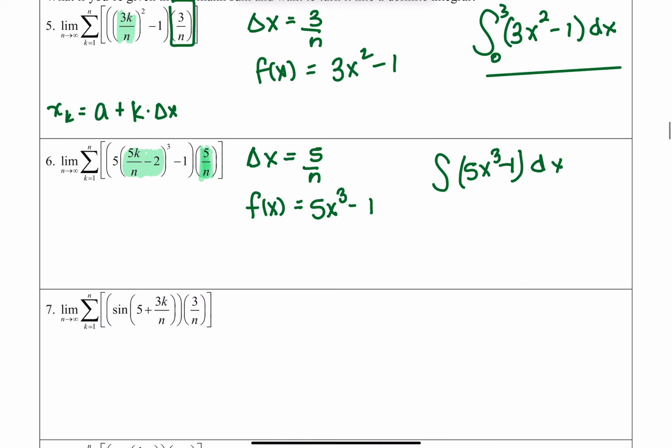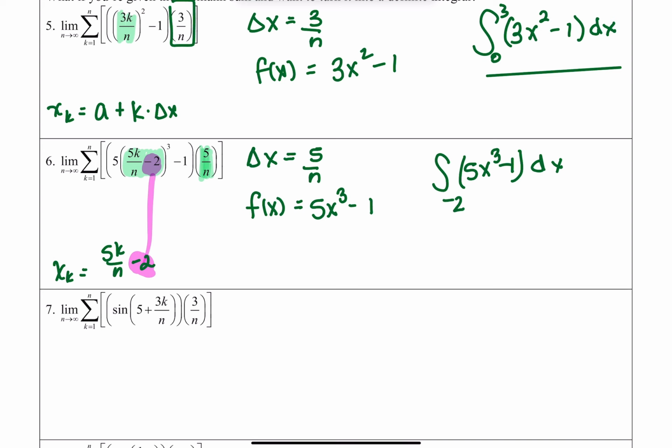Well, notice how here my x sub k is 5k over n minus 2. And remember that x sub k is a plus k times delta x, which is this thing right here, which means that my a value is whatever your constant is. In this case, my a value is going to be negative 2.